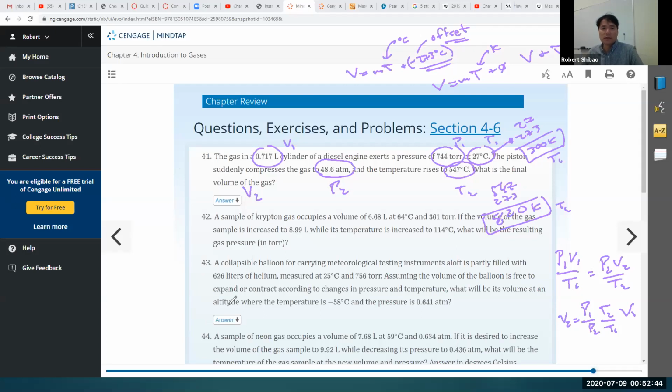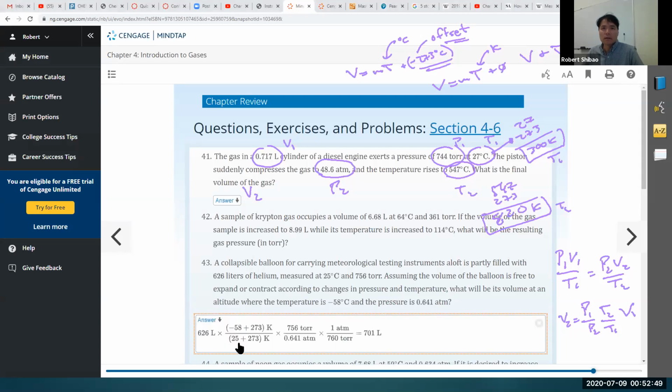So let's see what they did here. Basically that's what they have here, except they dealt with this kind of thing where they corrected it as they went along. So I wouldn't have to do it in the equation here.